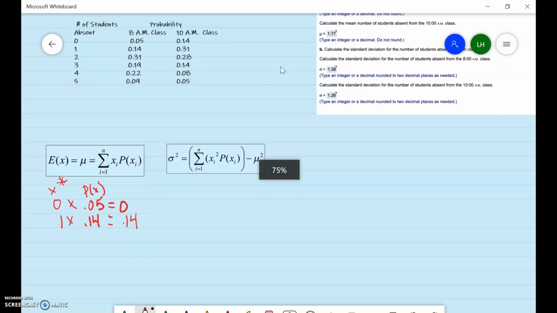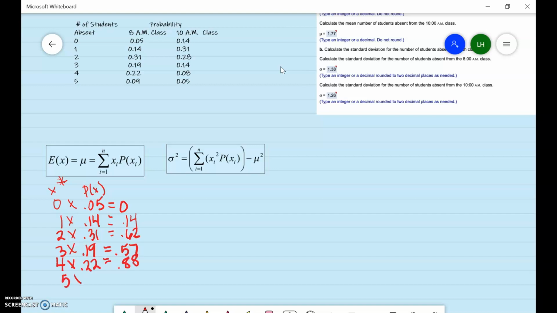And then we have 2 times 0.31. We have 3 times 0.19. I'm looking at only the 8 a.m. class. And then 5 times 0.09, and that is going to be 0.45.